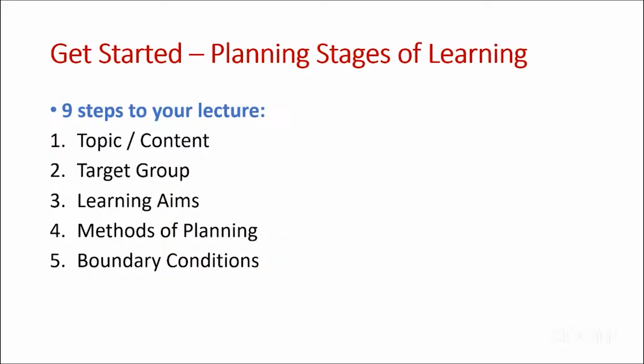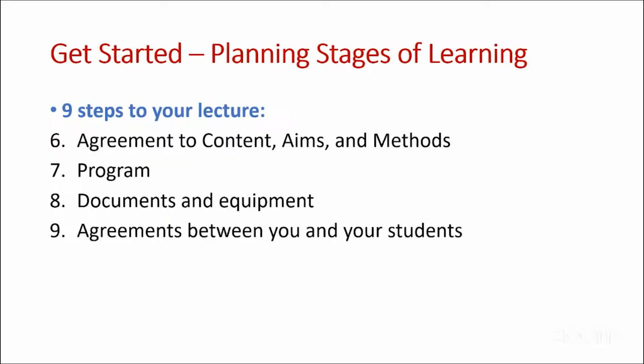Then learning aims, methods, boundary conditions, agreement to content, aims and methods. 7 is program, 8 is documents and equipment, 9th is agreements. I will explain all these things to you.